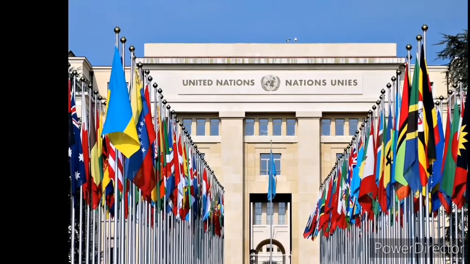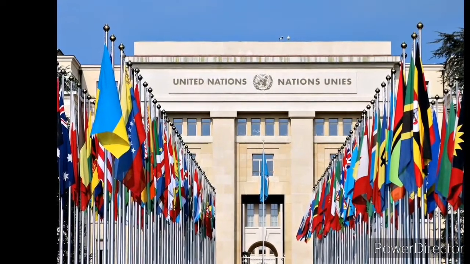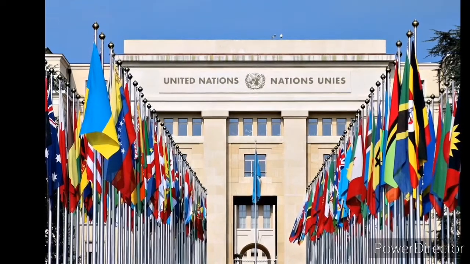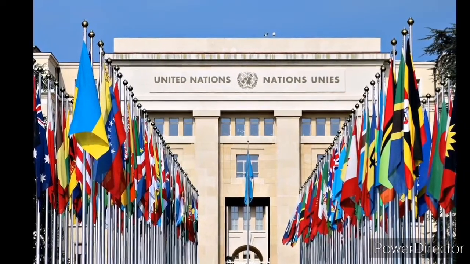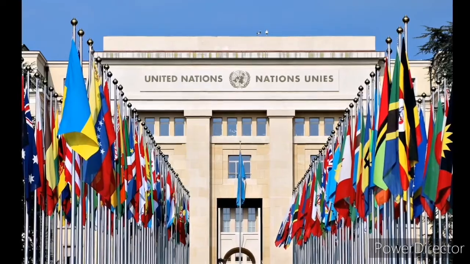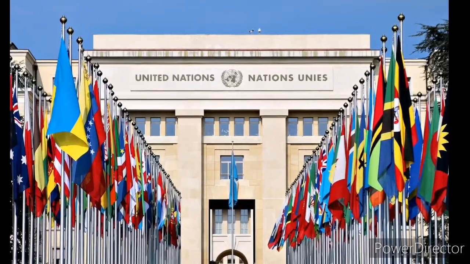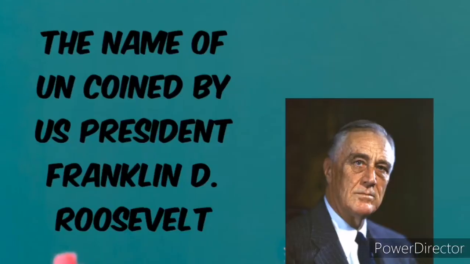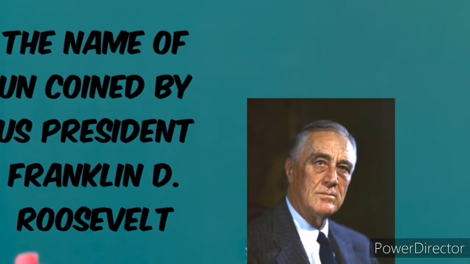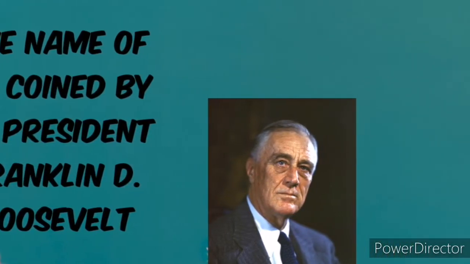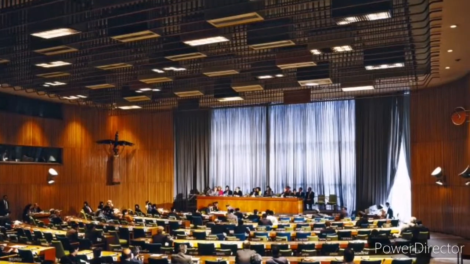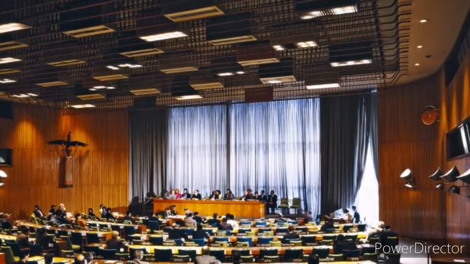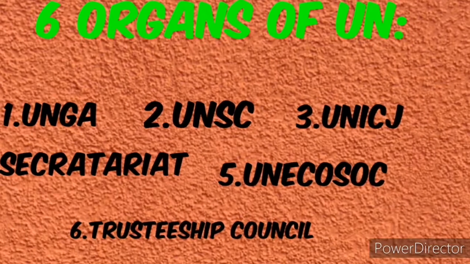It was considered the first international organization which promoted peace. The League of Nations ceased its activities after failing to prevent World War II. The name United Nations was coined by American President Franklin D. Roosevelt, and was first used in the Declaration of United Nations.